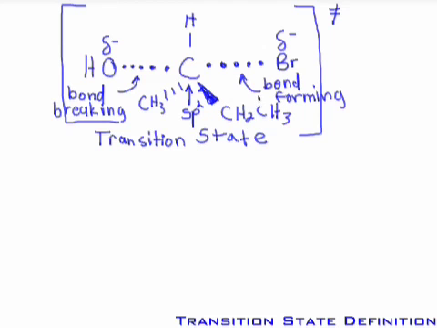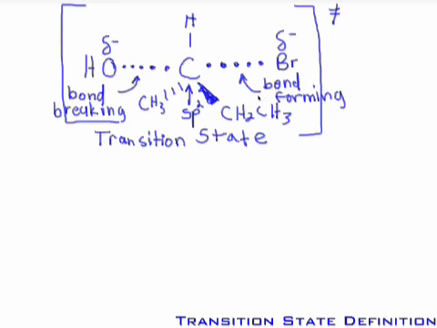What does the word transition state mean? Well, a transition state has no finite lifetime. It doesn't exist as a separate entity for a period of time. Now, that no finite lifetime can be debated, and we'll talk about that debate in a moment. But let's continue with the definition.